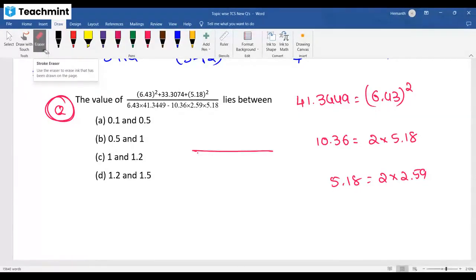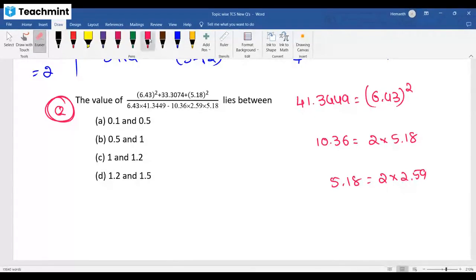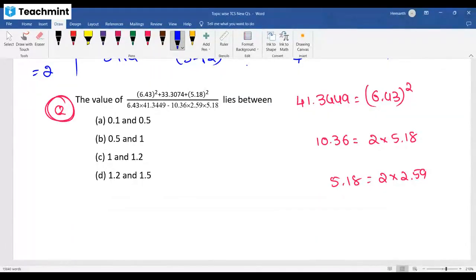Let me check 6.43 once. 6.43 square. Calculator allowed. Use the virtual calculator, not your engineering calculator, that will be easy because brackets and all are the issue. Yes, this is 6.43 whole square.